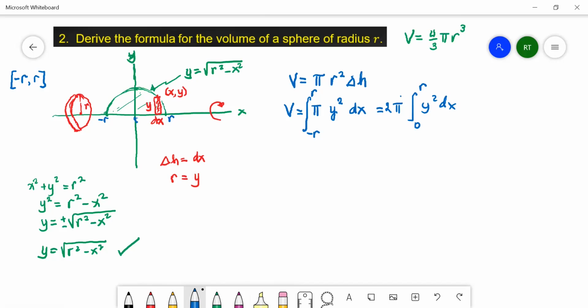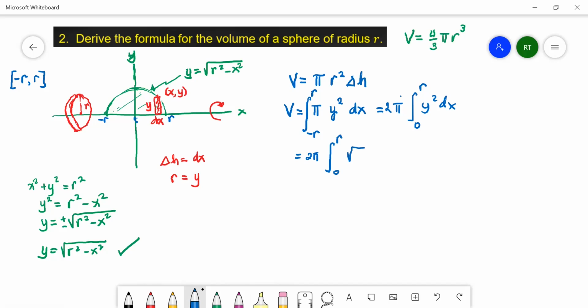Okay, again, the variable of integration is x. Therefore, we have to express the integrand in terms of x, and the integrand is y squared. And y is equal to the square root of r squared minus x squared. Therefore, the volume is equal to 2 pi times the integral from 0 to r.